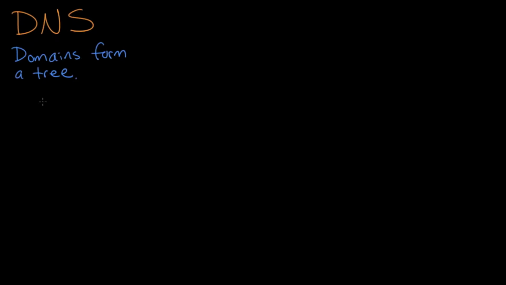So we'll start with one that everyone knows about, like google.com. And we would draw that by putting com here at the top and then Google down below it. And of course, we know about a domain name like www.google.com.